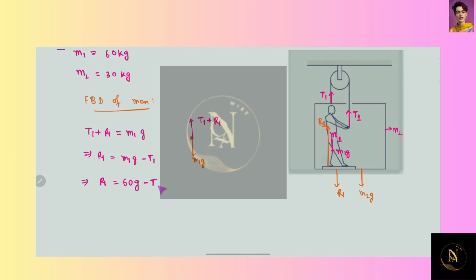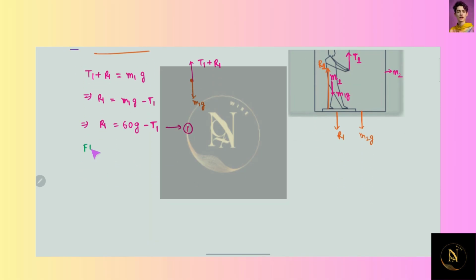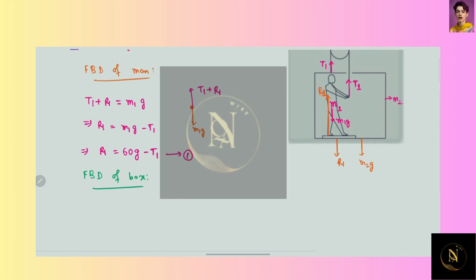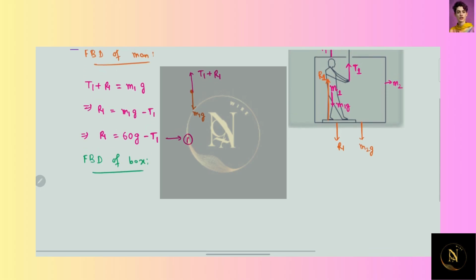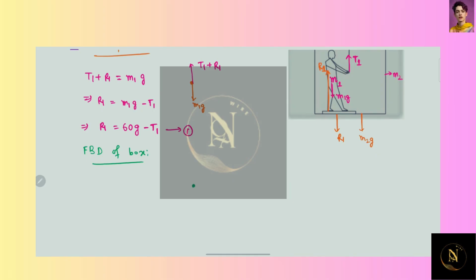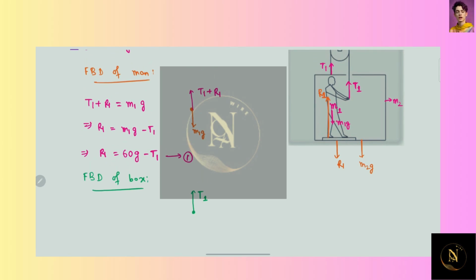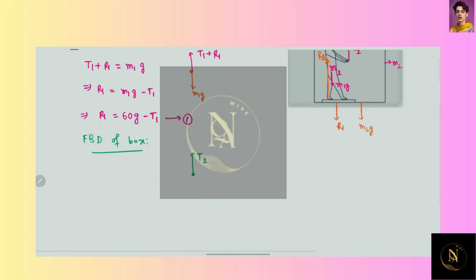Now similarly I write the free body diagram of the box, FBD of box. As you can see, on the box the upward force is acting due to the string, that is the tension force T1, and the downward forces acting on the box are its weight m2g plus the normal reaction force R1.